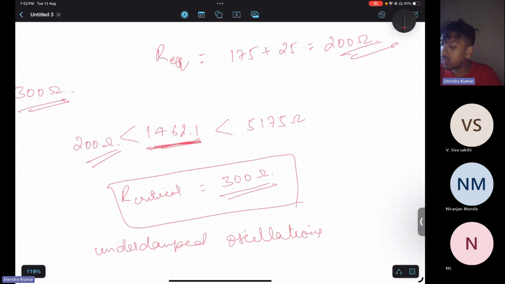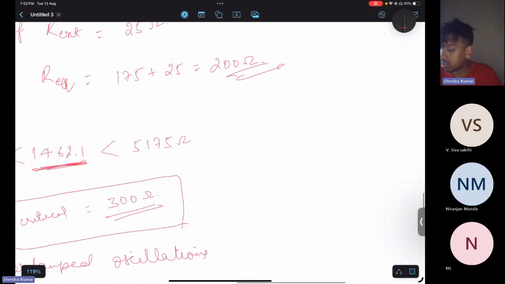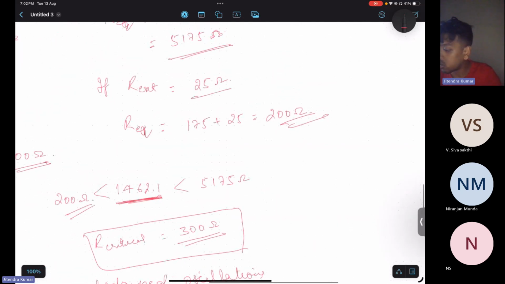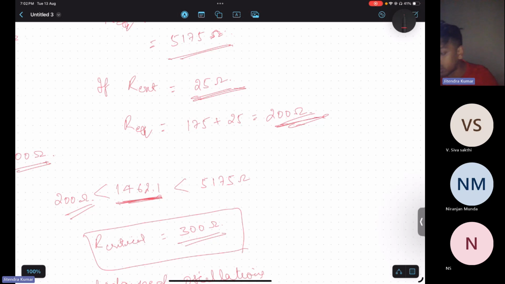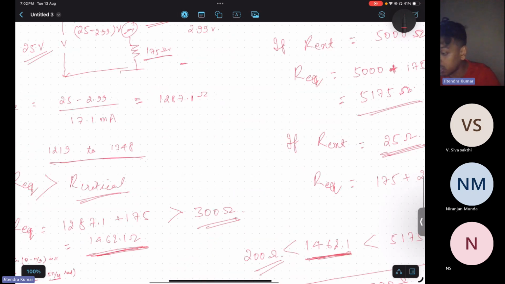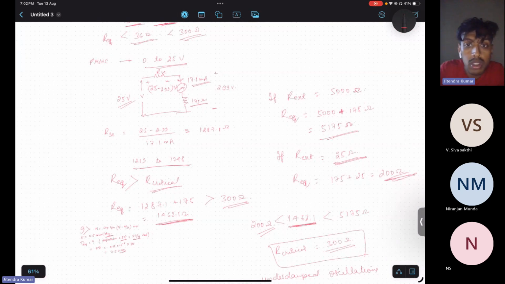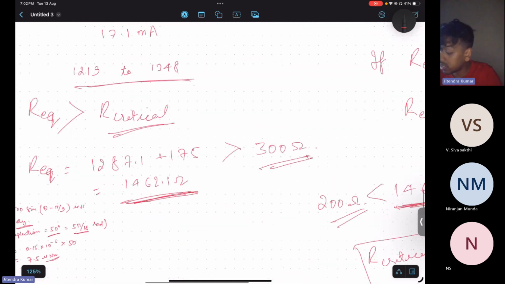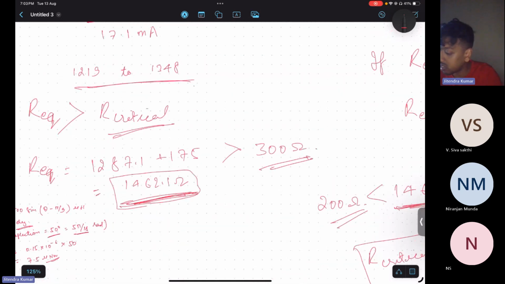So let's say if you connect an external resistance of 25 ohm, R equivalent would come out to be 200 ohm, but that would be a different circuit for this question. For question 7, this voltmeter with range of 25 volt, this much resistance is required. You cannot change this value, no matter how much you increase the external resistance.